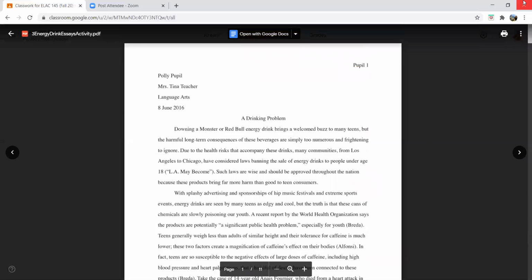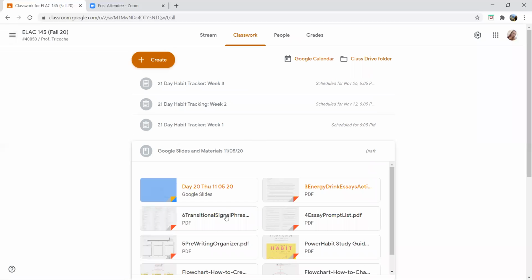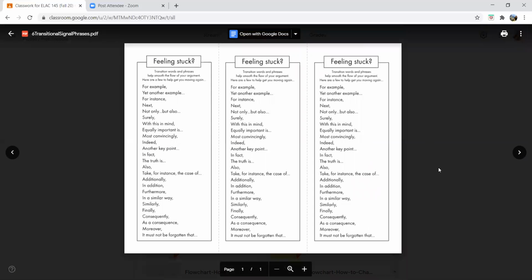All right. Right here we have under Google Slides and Materials 11.520, the transitional and signal phrases. In case you were wondering why on that example essay, how did I know what to put the green box around? How do I know what's considered to be a sentence template, a transitional signal phrase?